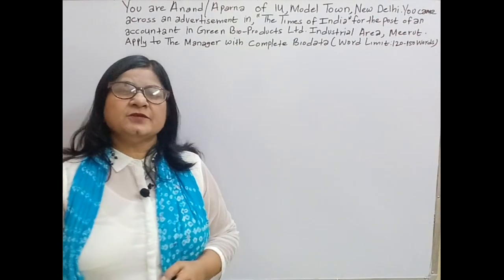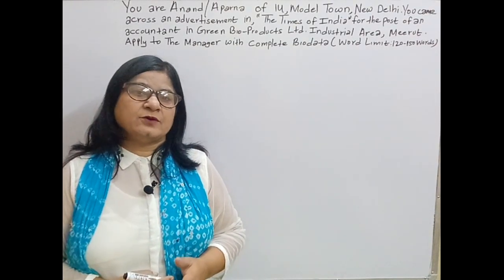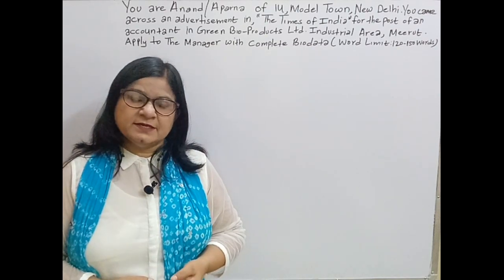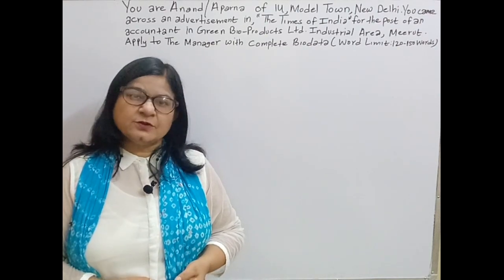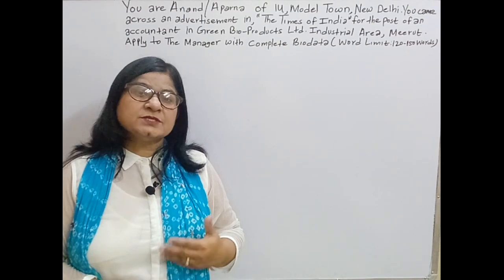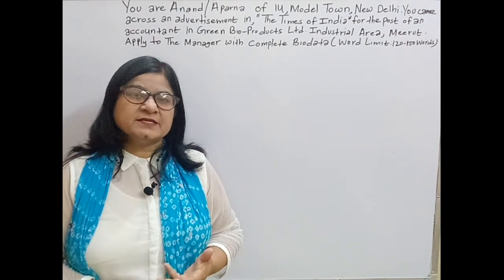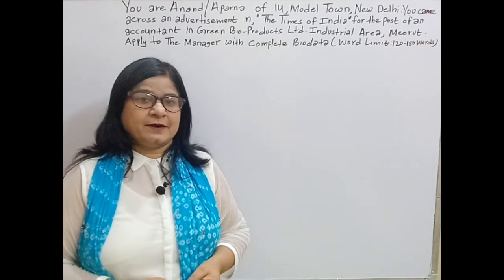I told you that in the first para we will write about the source from where you came to know about the vacancy, day and date when you came to know, and the post that you are applying for. These 3 points, they will be covered in the first paragraph.